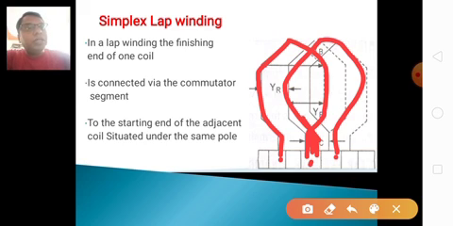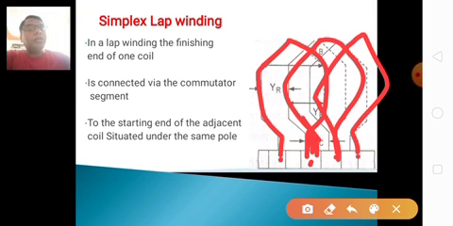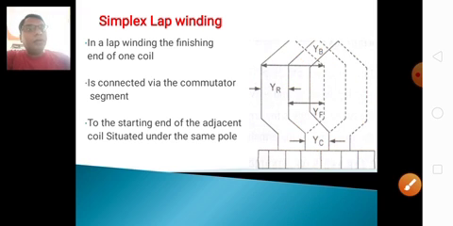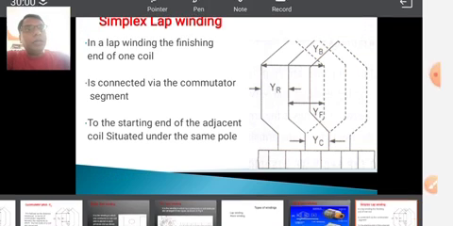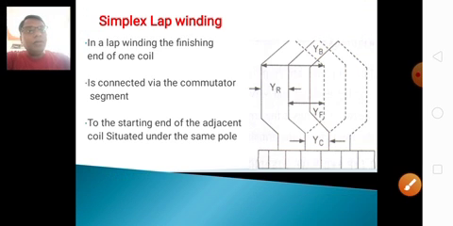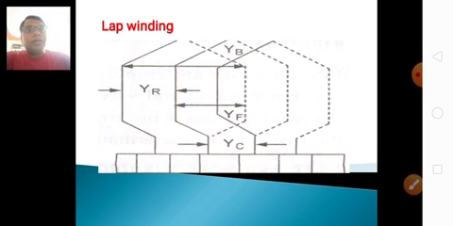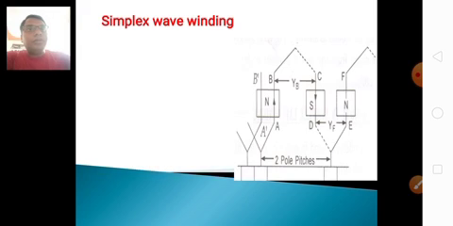Again this coil is connected to another segment, to the starting end of the adjacent coil situated under the same pole. So one coil ends here, and the next coil starts from the same segment. In this way all the coils are connected. That is lap winding, which involves back pitch, front pitch, resultant pitch and commutator pitch.